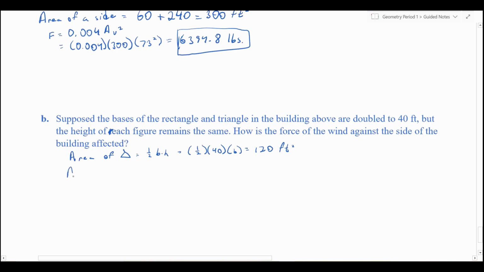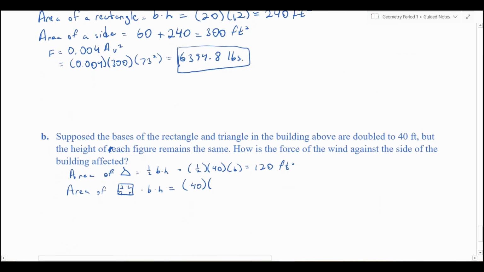Let's find out. Now the area of a rectangle is going to be our base times height, and the base is now 40, times 12, not 6, because the height is 12 here, and we get 480 square feet. 480.